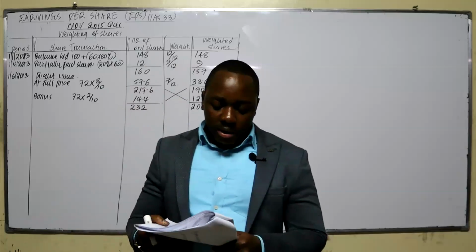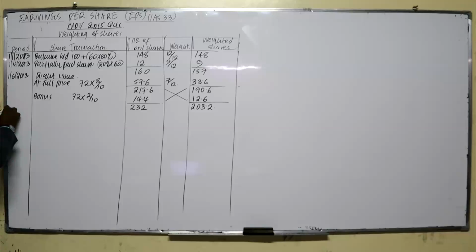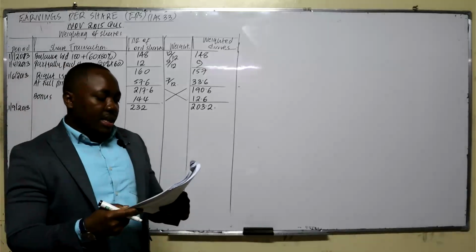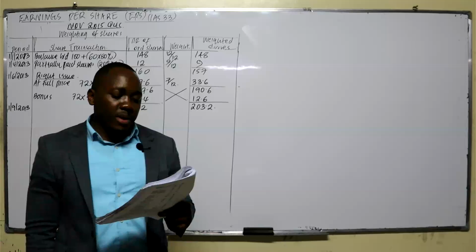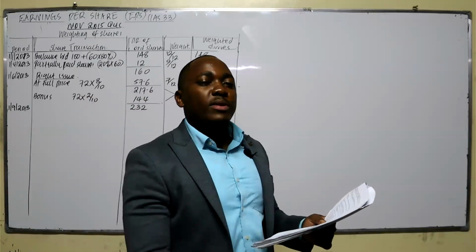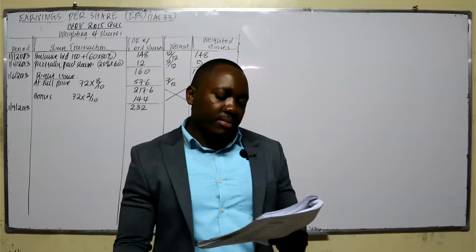On 1st of September 2013, how many months of the year? 1st of September 2013. September, October, November, December. Those are 4 months, right? On 1st of September 2013, the company issued 48 million ordinary shares of 5 each at fair value. Fair value means what? Market value. Good. So that means we issued the share at full price.